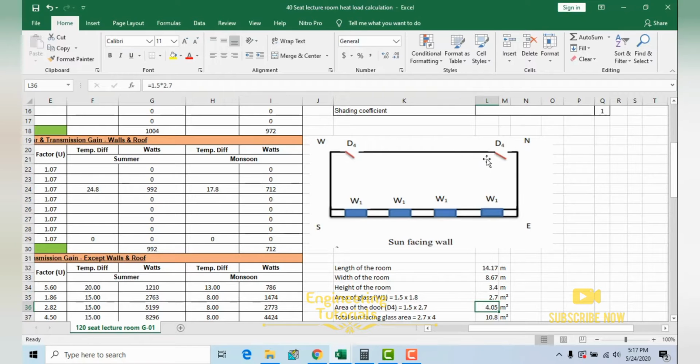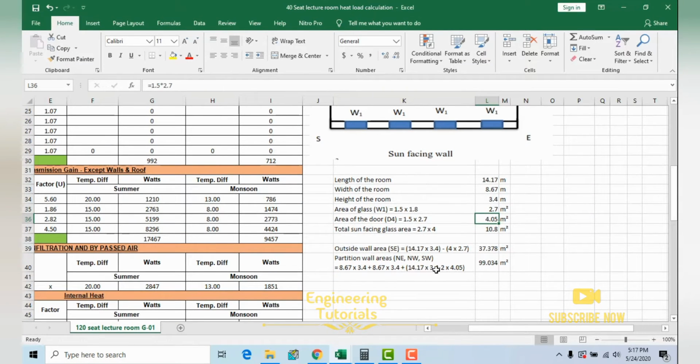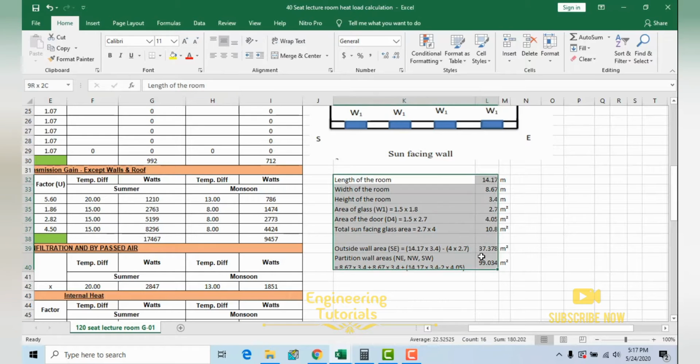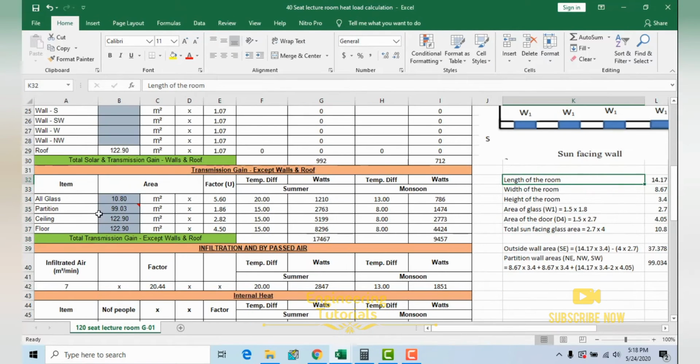So this length is 14.17 into ceiling height 3.4 minus 2 doors, you will get the partition wall area 99.034 square meters. So since we have calculated everything, we are going to use here in our E20 sheet.